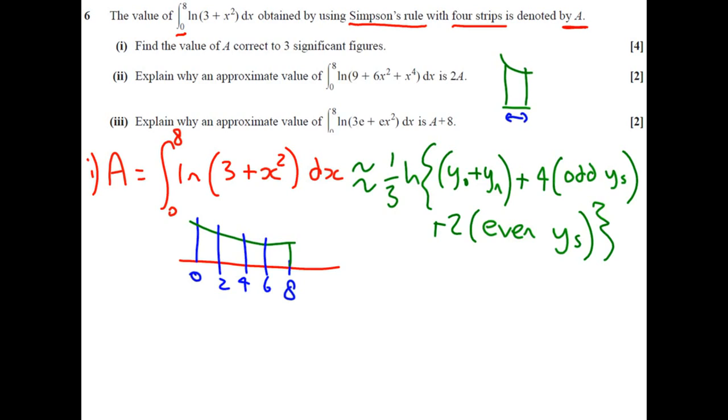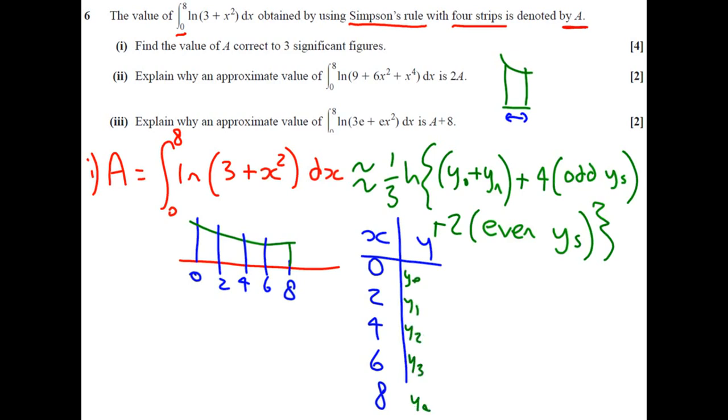They are the x values that we're going to use, and we want to know the y values. So the x values are 0, 2, 4, 6, 8. The y values are going to be y0, y1, y2, y3, y4.